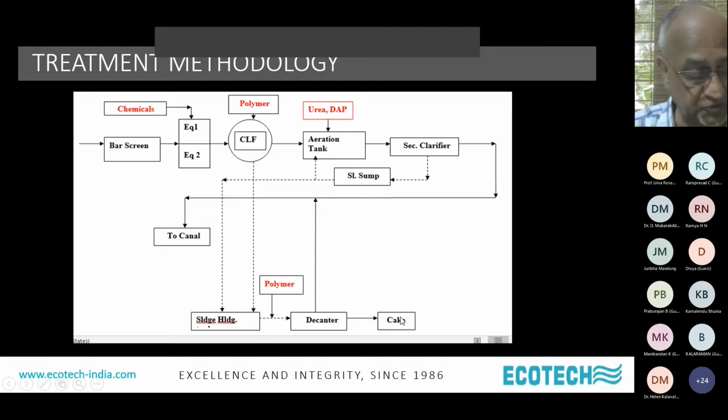It cannot be disposed of onto land and things like that. Either it is incinerated or goes into a proper scientifically designed landfill. There are authorized agencies for that. So this is a typical flow sheet of a textile plant, and it works extremely well. The treated water directly goes to a canal just outside the factory, which then meets the river.